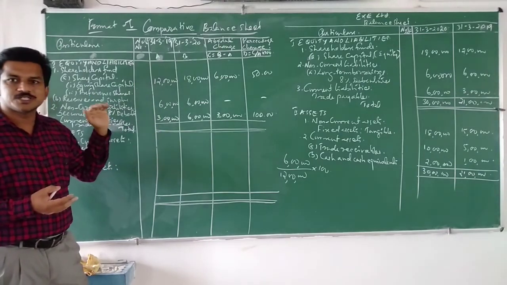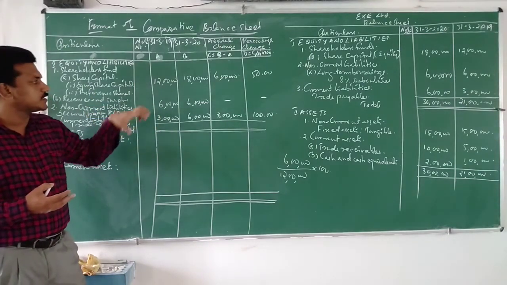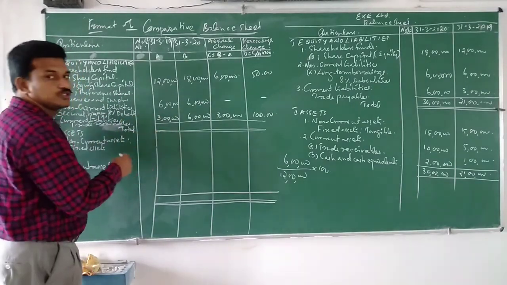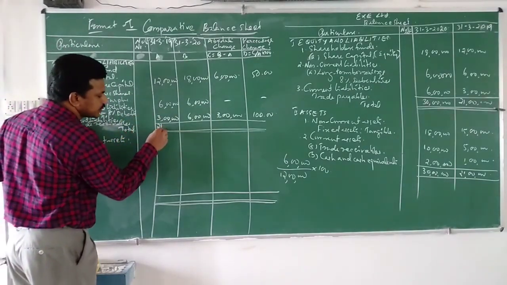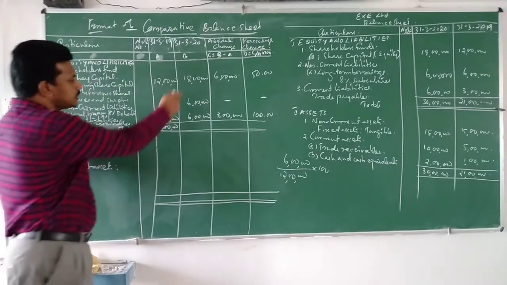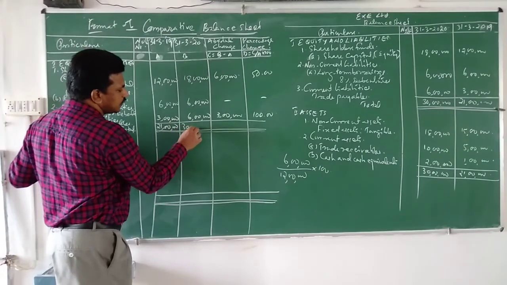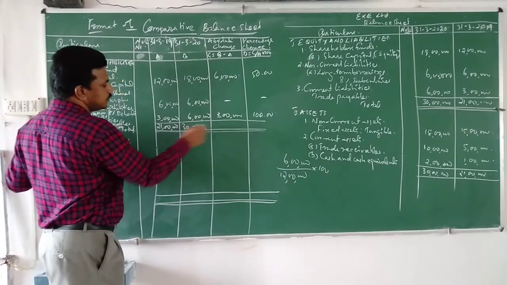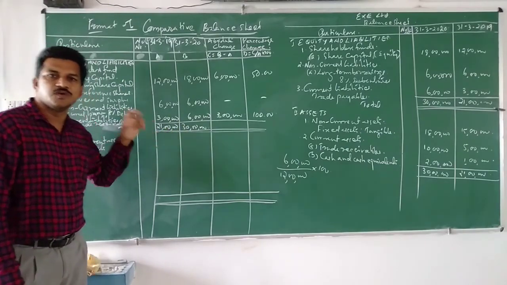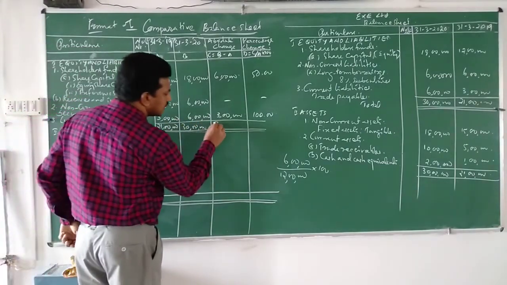So next let us add the things. We can add the column. We will get here total 21 lakh for the previous year. Next column we will get 30 lakh. So what is the change? 30 lakh minus 21 lakh, 9 lakh we will get.